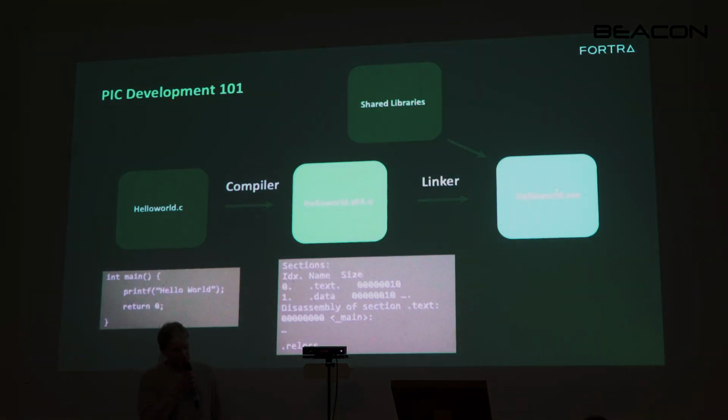Typically, if you write some code in C, the compiler will compile that to an object file, and the object file will have the text section, the data sections, and relocations, etc., but it's not an executable unit. It is supposed to be used by a linker, which will link it with other object files and libraries, and that will make an executable.